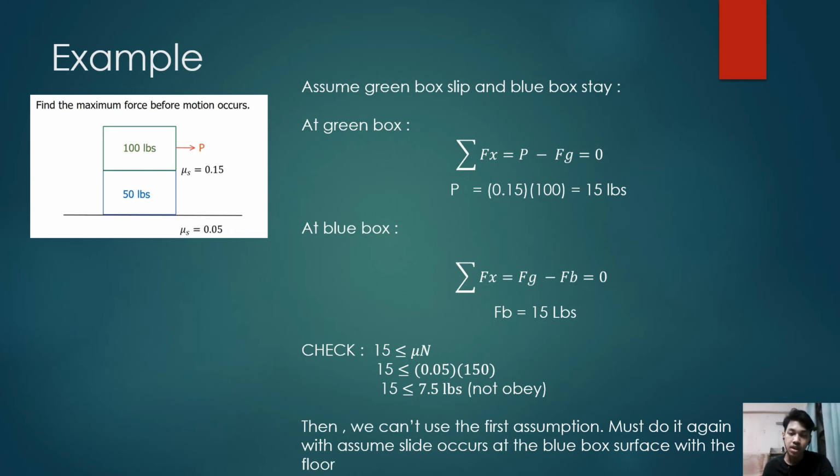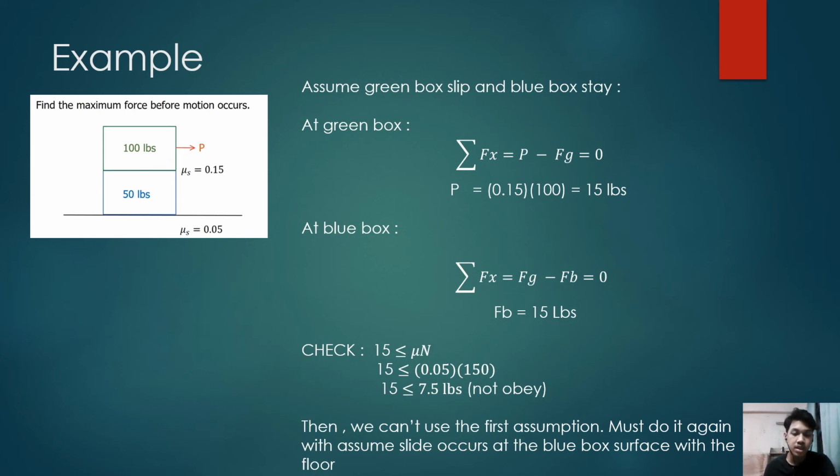After we got it, we check the answer to know whether it is correct or not. F must be lower than or the same as the coefficient of friction times the normal force. The coefficient of friction is 0.05 times 150, which is the normal force, so we get 7.5 pounds.